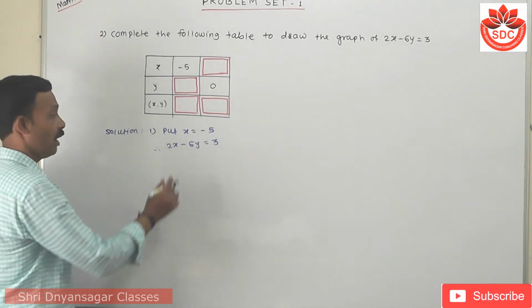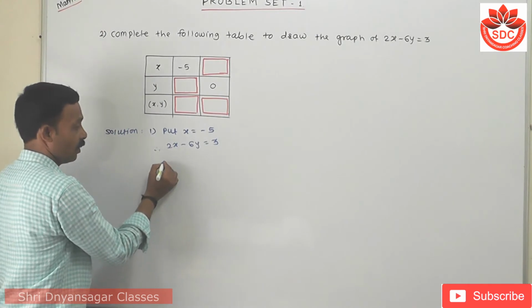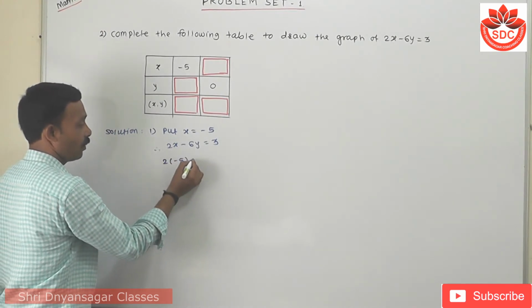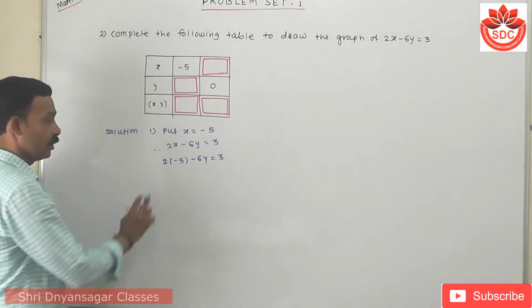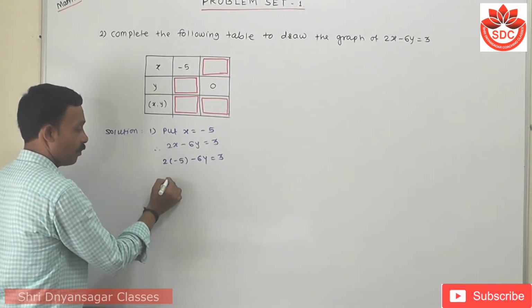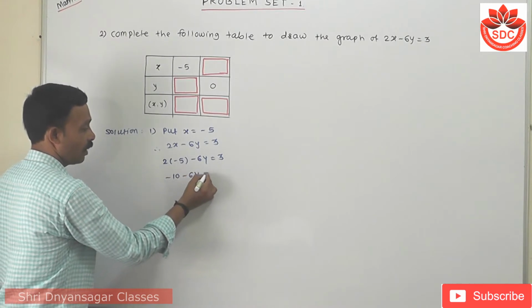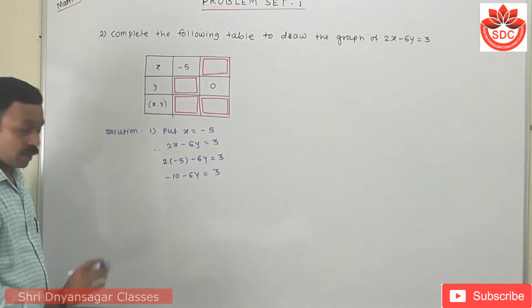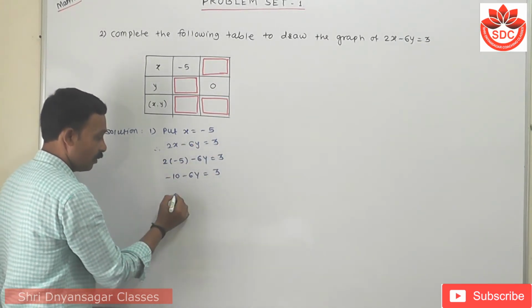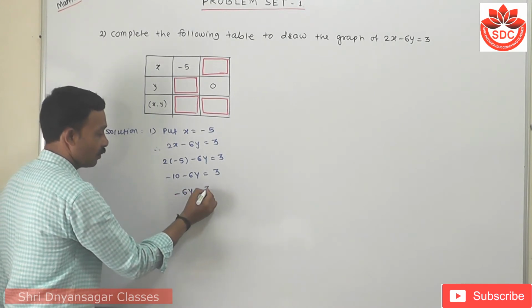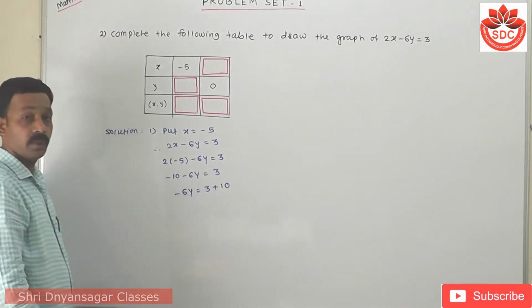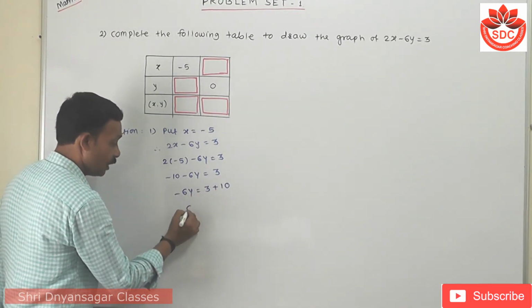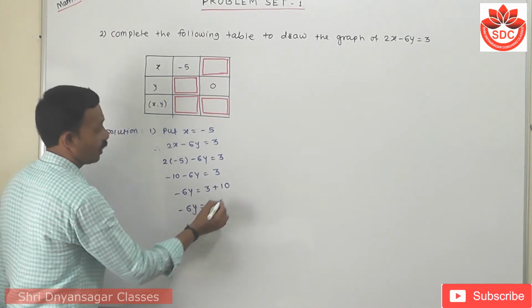We substitute x as minus 5: 2 into minus 5 minus 6y is equal to 3. 2 into minus 5 is minus 10, so minus 10 minus 6y is equal to 3. Transferring this minus 10, we get minus 6y is equal to 3 plus 10.